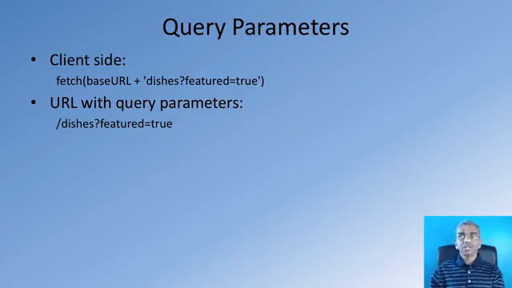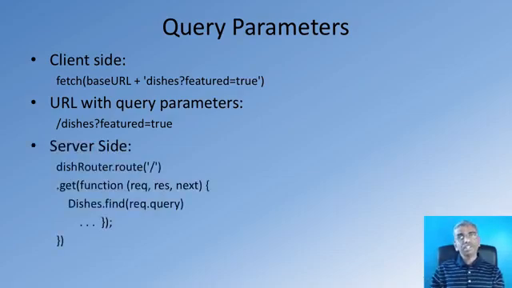Now, in addition, when this information is received on the server side, we saw that earlier when we did the GET request on the server side, we simply said dishes.find, and then we would find all the dishes and then return them when the GET request is sent to the dish router route /. The same logic applies both to the promo router as well as to the leader router.